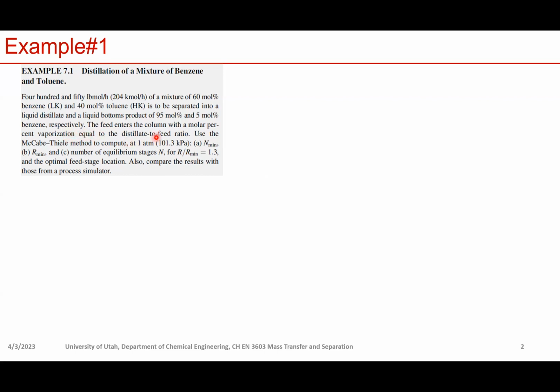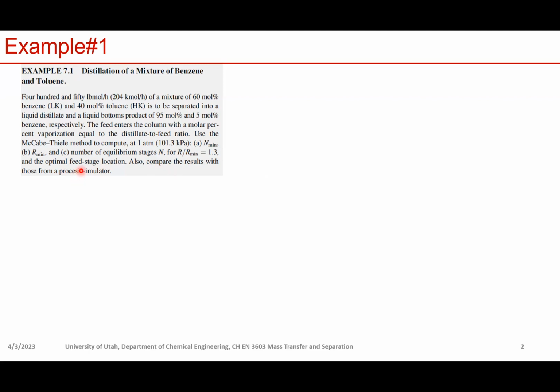Okay, then the problem asks us to compute the minimum number of stages, the minimum reflux ratio, the number of stages if we apply a reflux ratio that's 1.3 times the minimum reflux ratio, and the optimal feed stage location. And lastly, we need to compare the results with those obtained from a process simulator.